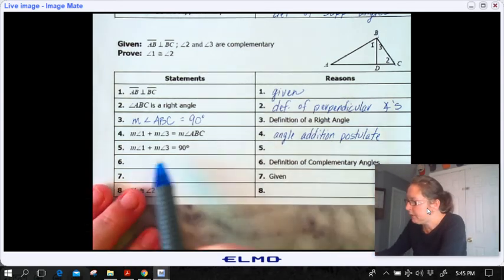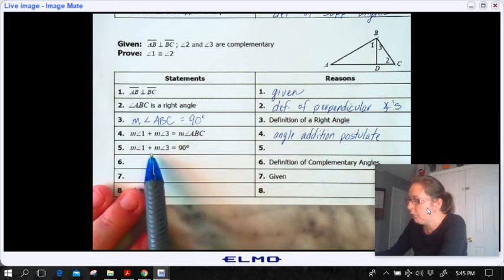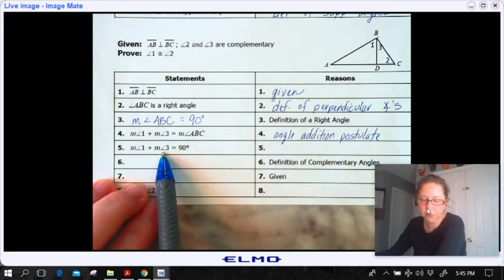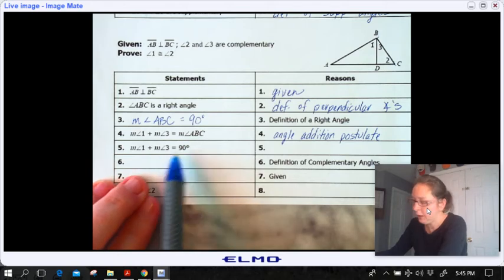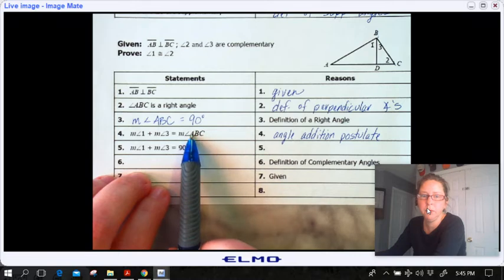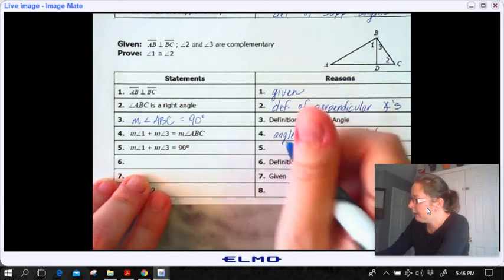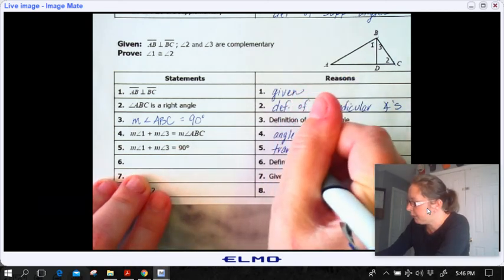Okay, so let's take that further and say the measure of angle 1 and the measure of angle 3 is going to equal 90 degrees. This angle equaled 90, so these together are going to equal 90. It's my transitive property.